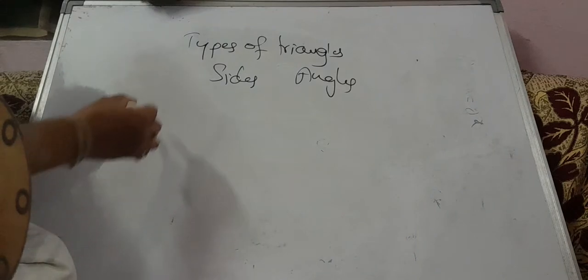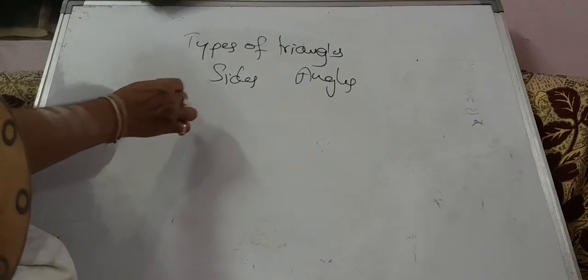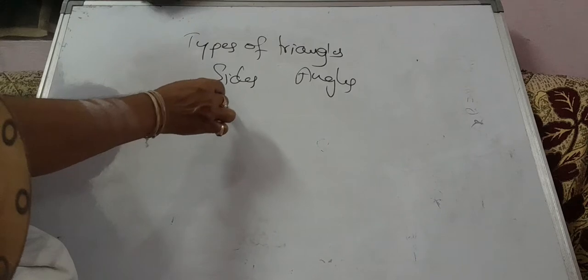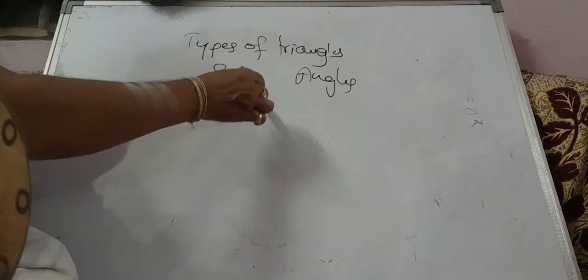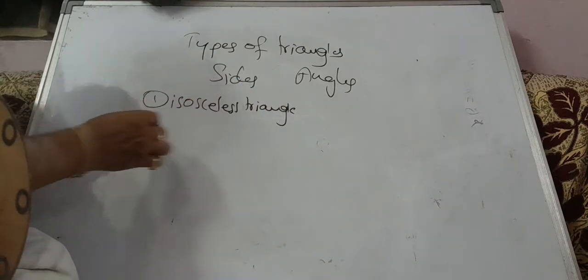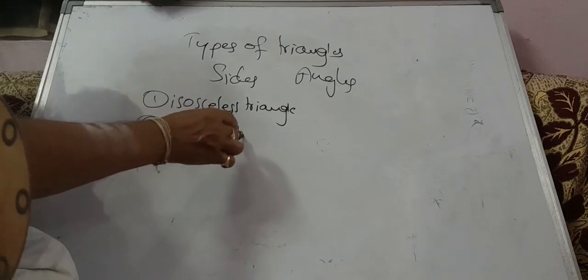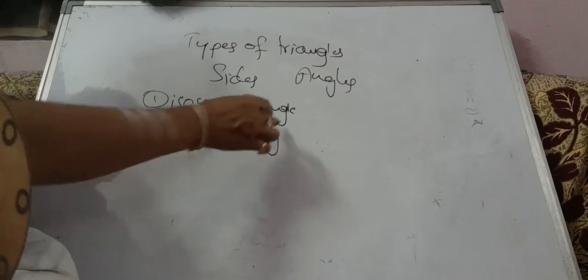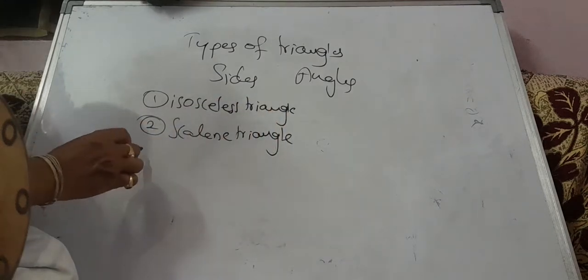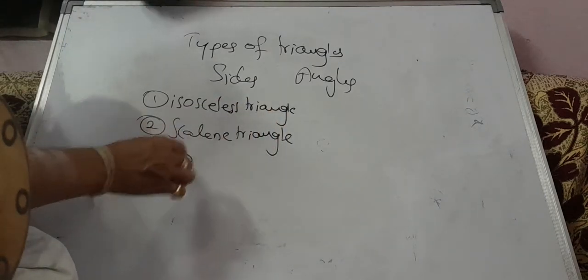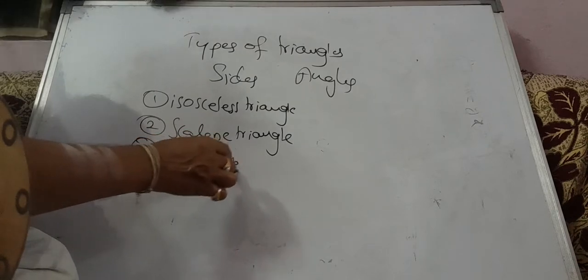According to sides: isosceles triangle, scalene triangle, and equilateral triangle.